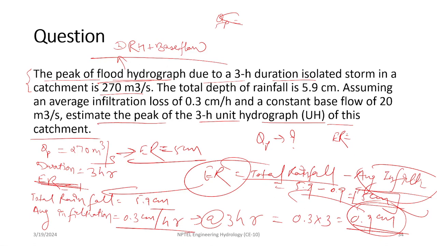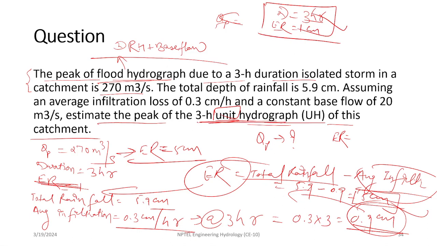If the word unit hydrograph is mentioned, directly take out two values. Firstly, D, which is 3 hours, and ER equals 1 centimeter. These two values should be taken out at the beginning. Now for this case you have to compute QP.